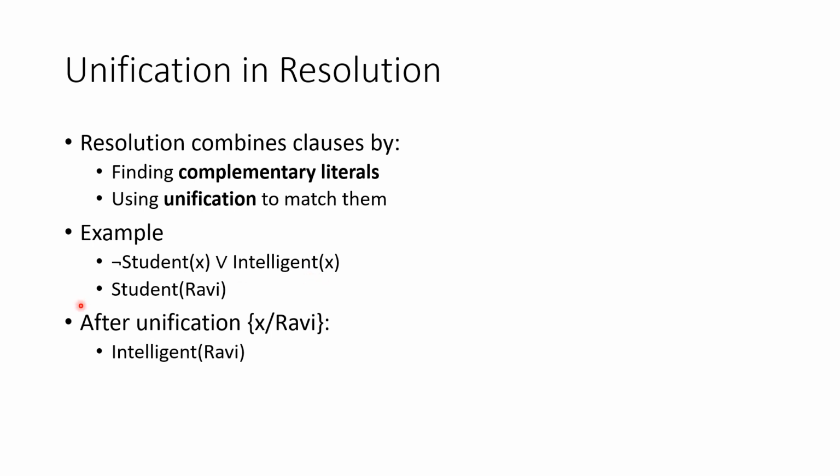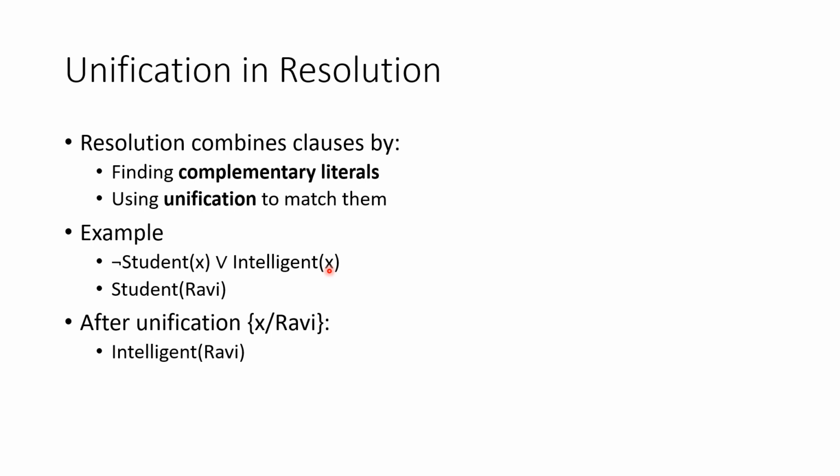So we remove student(Ravi) and not student(Ravi), and the remaining resolvent will be intelligent(Ravi). So Ravi is a student, then Ravi is intelligent. This new fact is inferred logically from the given clauses.